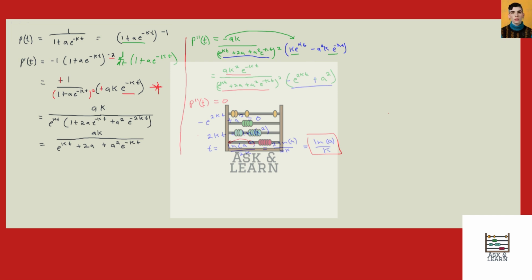So now what we want to do is find a value that's going to be smaller than this and one that's larger. So we can make a number line. So our critical value here is natural log of a over k. And then this here is going to be, remember, our values for p of t, or p double prime of t.